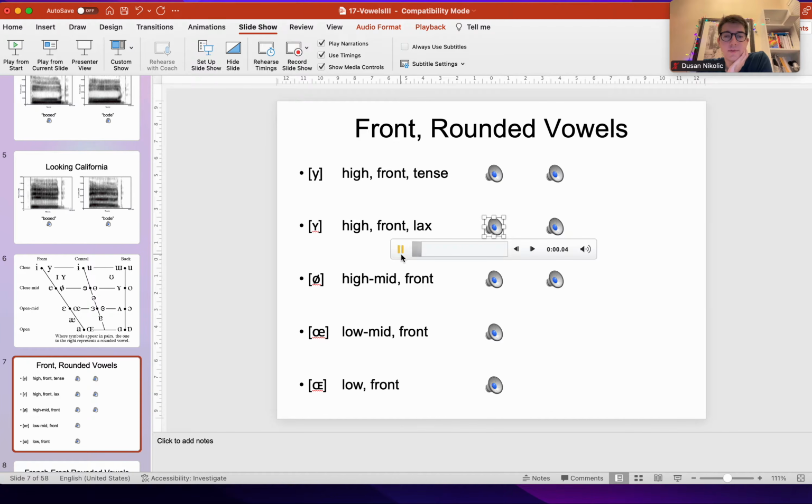And yeah, this one is interesting. This one would be a high mid front vowel, right? And we'll see where they occur in which languages a bit later. But for now, focus on the production of these vowels. And this is a low mid front vowel.